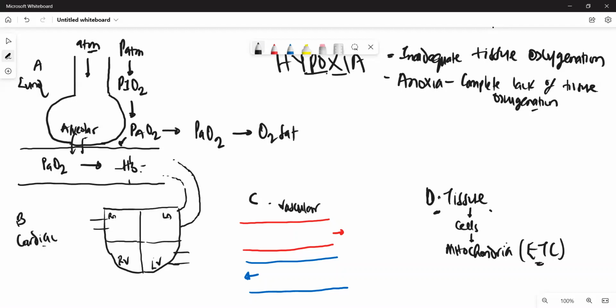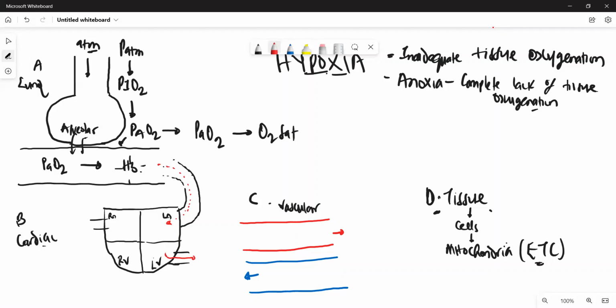And of course, from there, the blood is going to flow from the pulmonary vein into the left atrium and from there to the left ventricle. And of course, we're going to pump the blood from the left ventricle into different parts of the body.